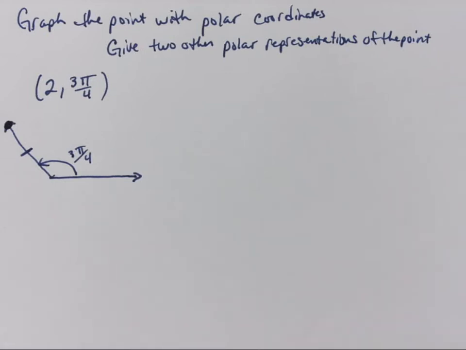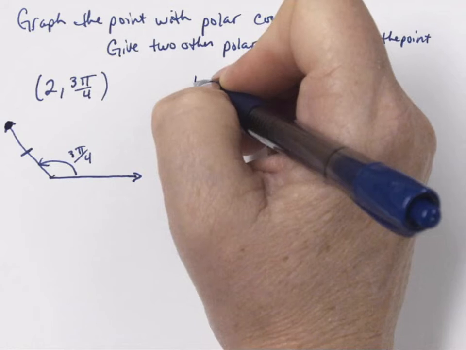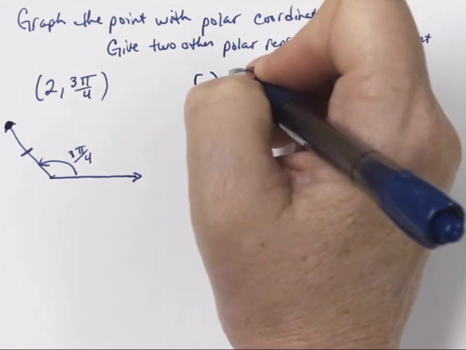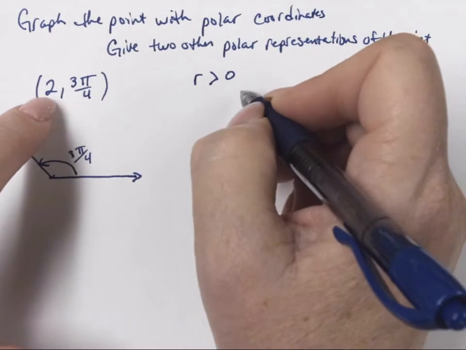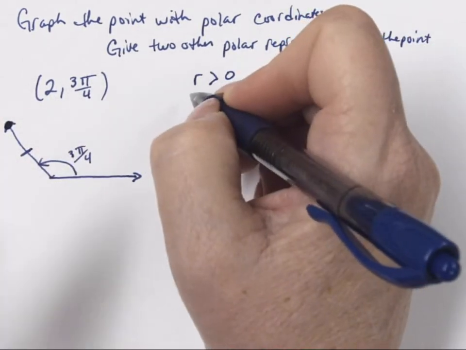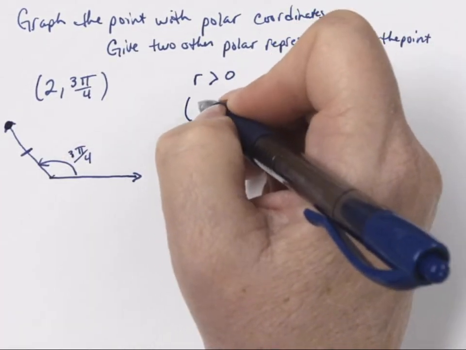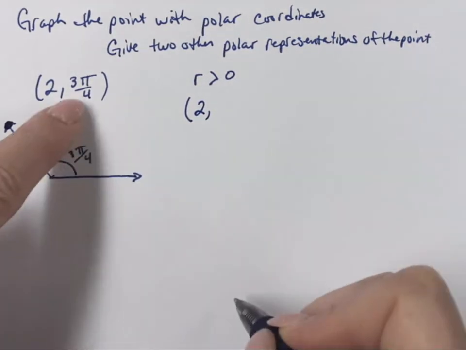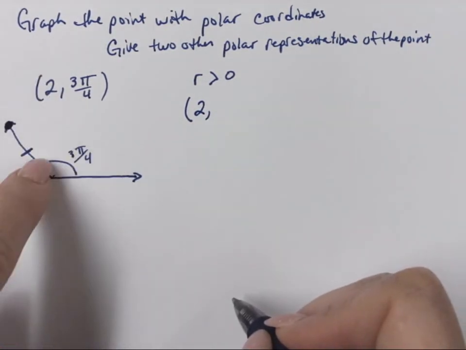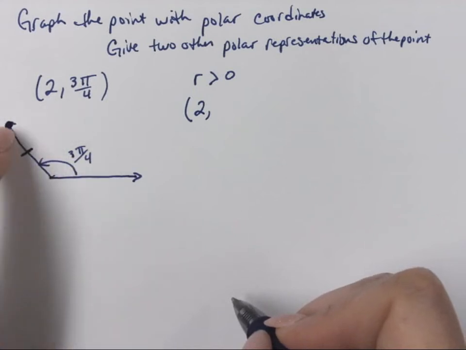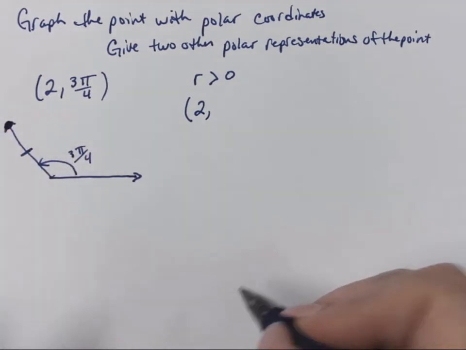Now, if we want to do two other polar representations, the first thing we're looking at usually is going to be an r greater than 0, so it's r that's positive. We are starting with a positive r, so we're looking at keeping that. And what we're going to do is think about coterminal angles. To hit this again, we would go around 2 pi because of where we're going in a complete circle there.